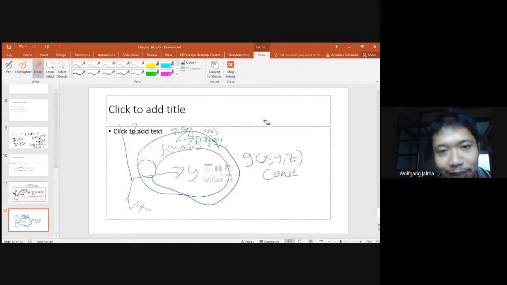So what I want to say is, instead of the gradient of f, what we need is the gradient of f projected to g, or in the simple way is df. It is like this, cos theta, right?